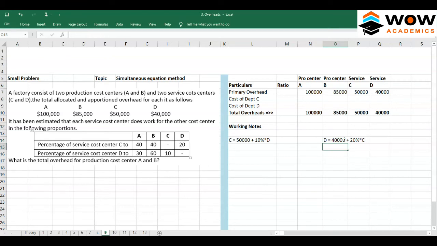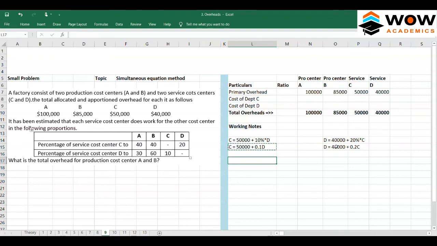So you now have two equations. We will try to simplify this. 10% of D can be represented as 0.1 D, and this could be represented as 0.2 C. Now we can start to solve the equation.